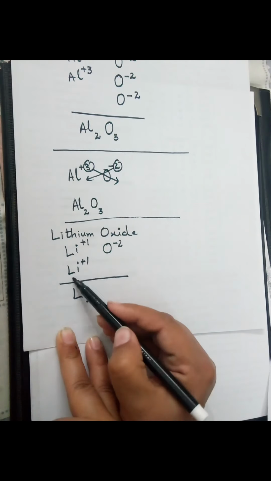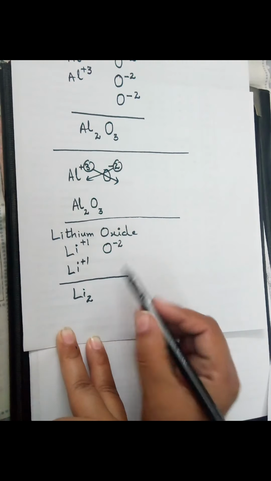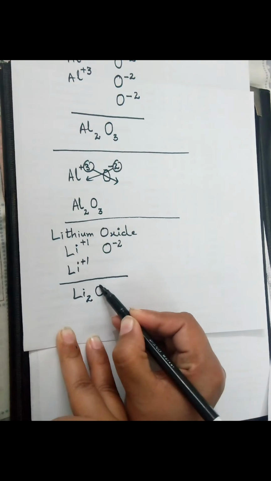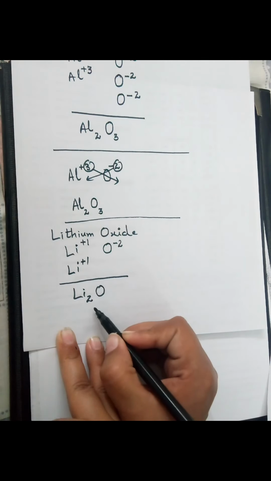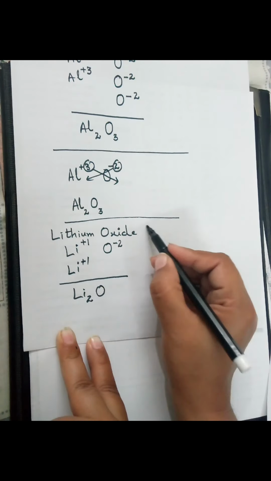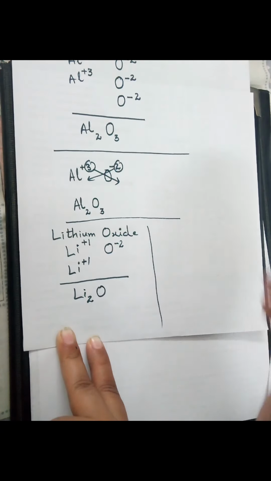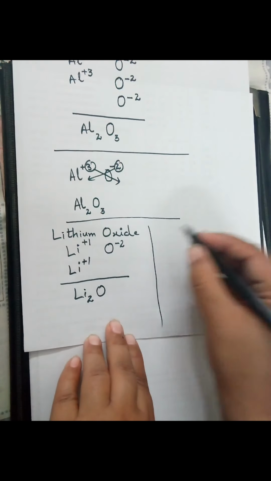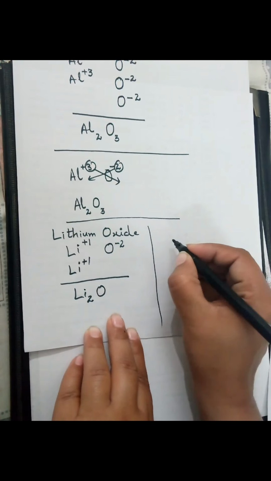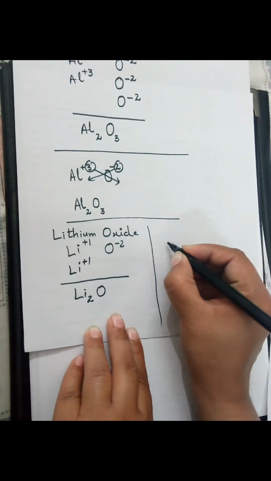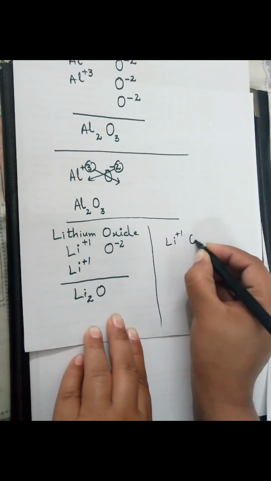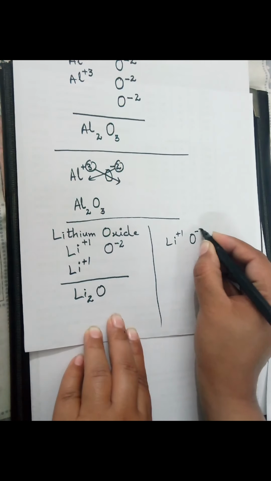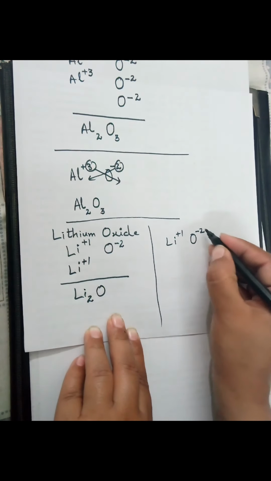Li2, and so the chemical formula of lithium oxide is Li2O. The other way to attempt this is lithium positive 1, oxide negative 2.